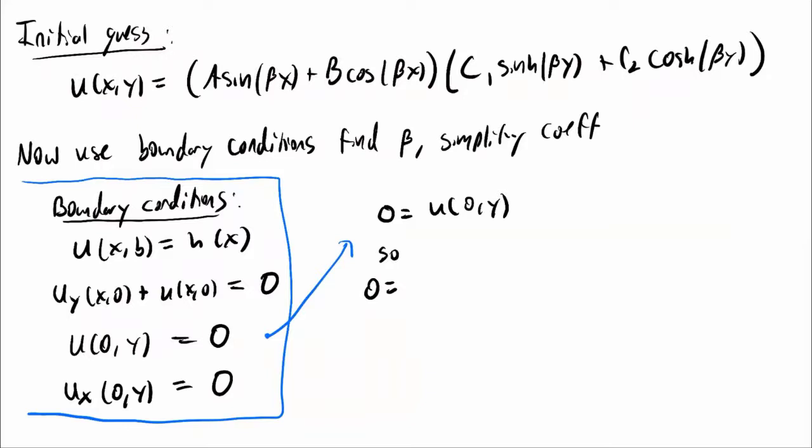This is going to tell me I need 0 is equal to b times cosine of 0. It doesn't matter what beta is, cosine of 0 is 1, so I just get b. And then I have c1 times hyperbolic sine of 0 plus c2 times hyperbolic cosine of 0.